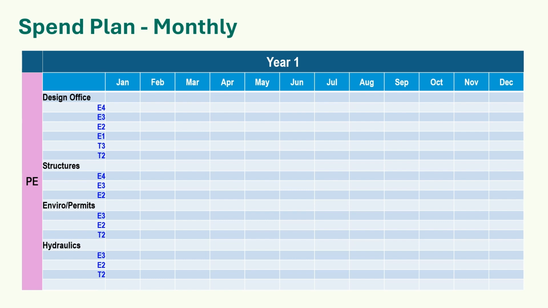Focus on the design office staff first. Think about all the activities that may occur in your design and how your design office team may be involved with them and to what degree.